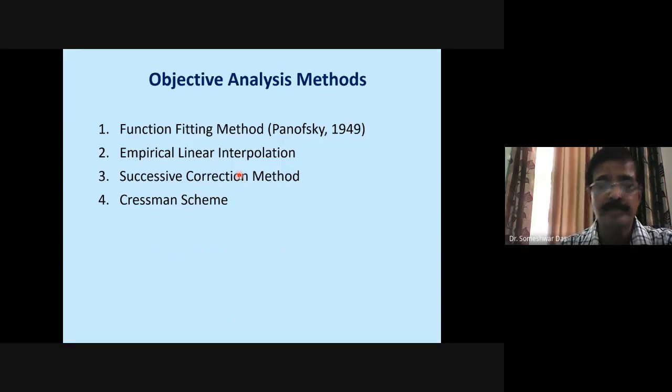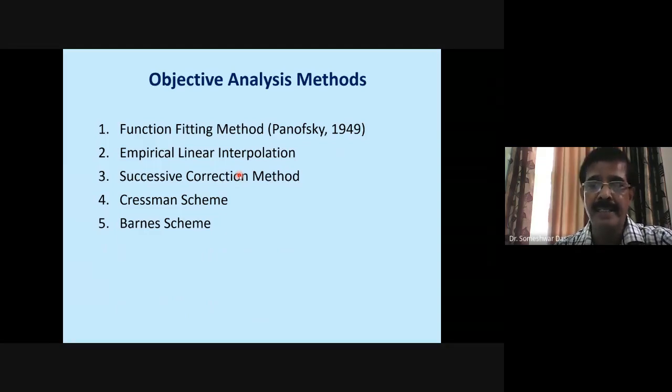Then the next one is the Barnes scheme. All these are iteration methods in which we have a first guess of the values at all the grid points, and then we have the observations scattered in space, and we try to interpolate the observations onto the regular grid points by some kind of iteration technique.